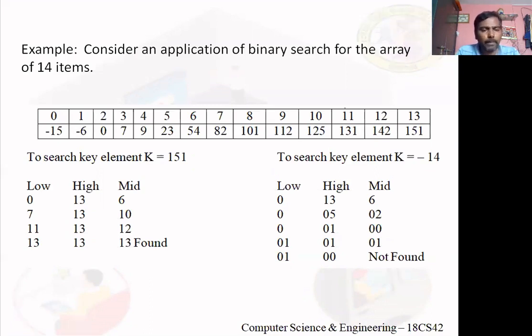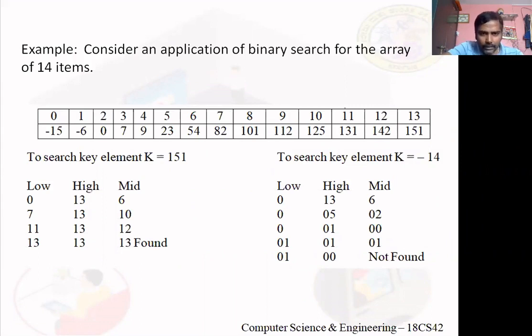So low index is 0, high index is 13. What is mid? 0 plus 13 by 2 is nothing but 6. So the mid index is 6.